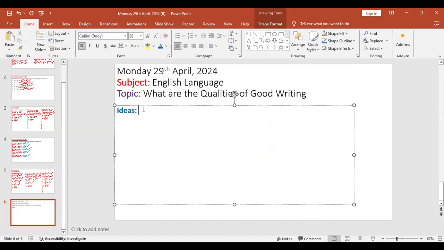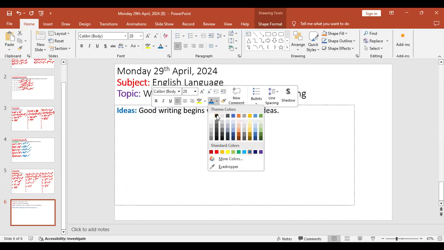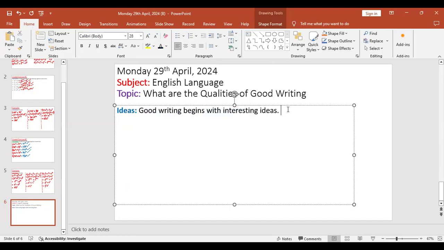Good writing begins with interesting ideas. If your ideas are not interesting, not fresh, if they are boring and the same old, it would not be among the top set of good writing, right?